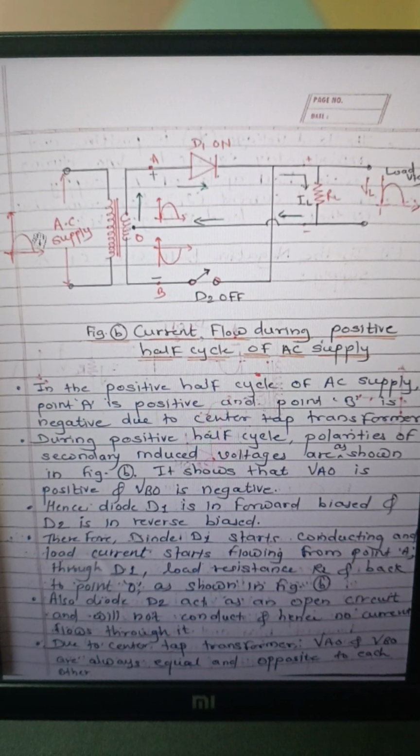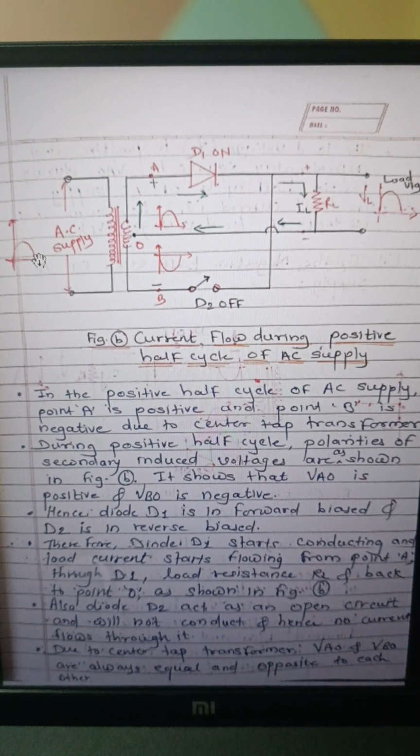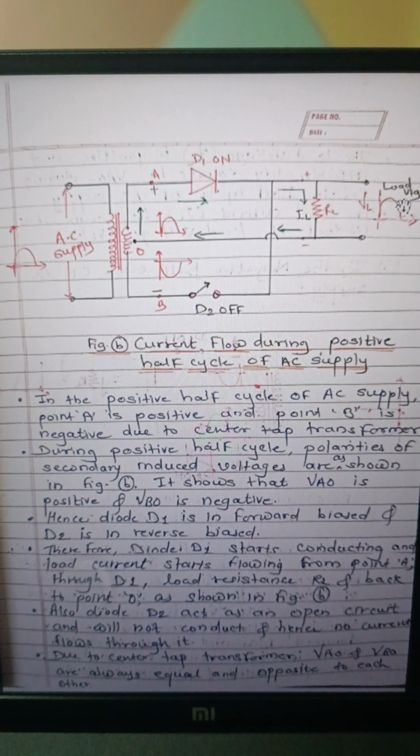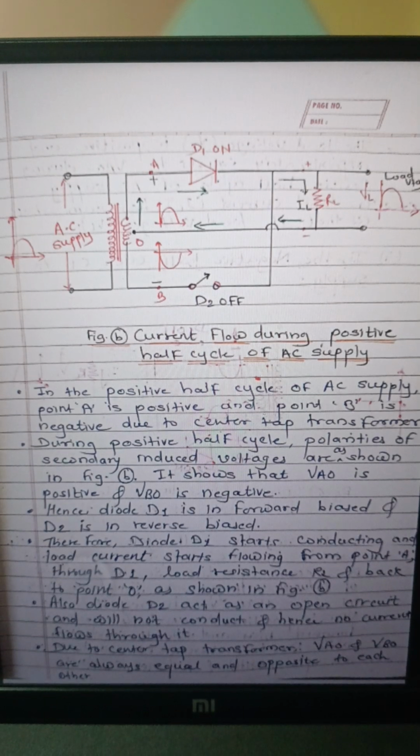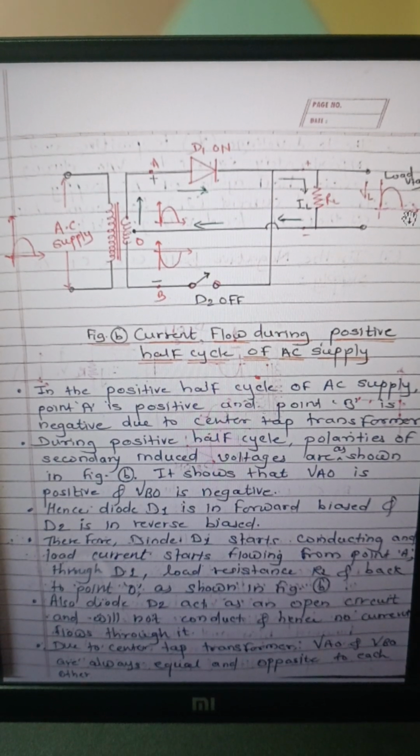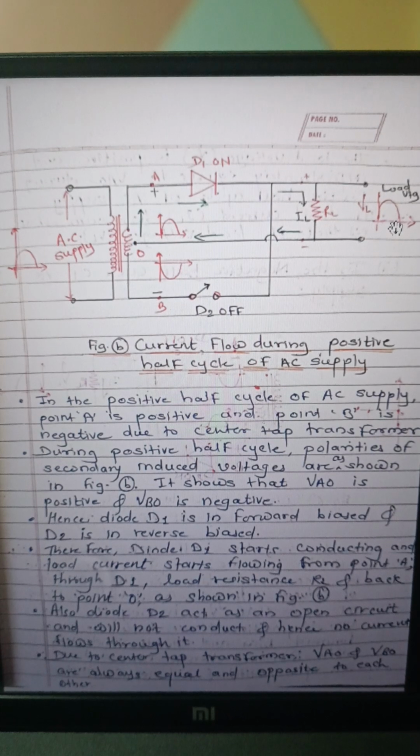So positive voltage at the input side, and we get this positive output voltage at the output side, that is VL or V0.